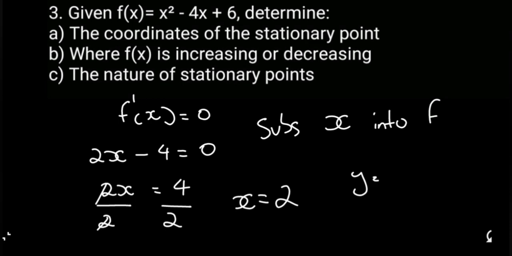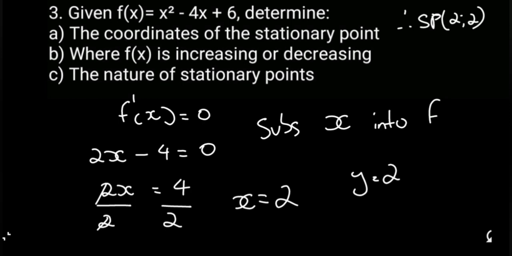So it's going to be 2 squared minus 4 into 2 plus 6. So our corresponding y coordinate is going to be 2. Therefore, our stationary point is going to be (2, 2).